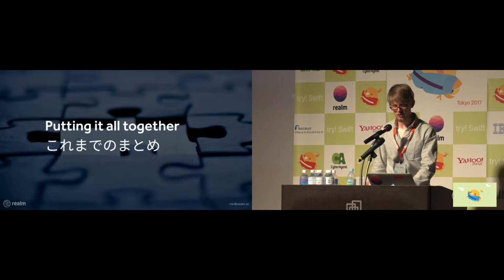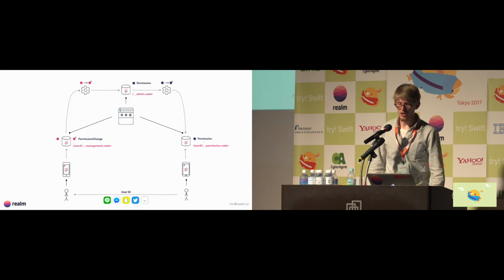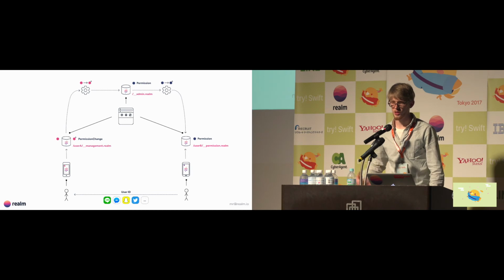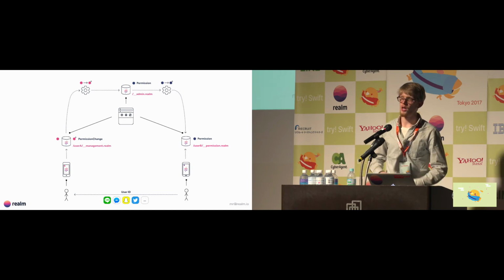If we put this now all together, we can see how you can make a permission change. So in a first step, we would communicate the user ID from one user to the other user, effectively making the permission change. This could happen over existing channels like Line, Facebook Messenger, Snapchat, you name it.